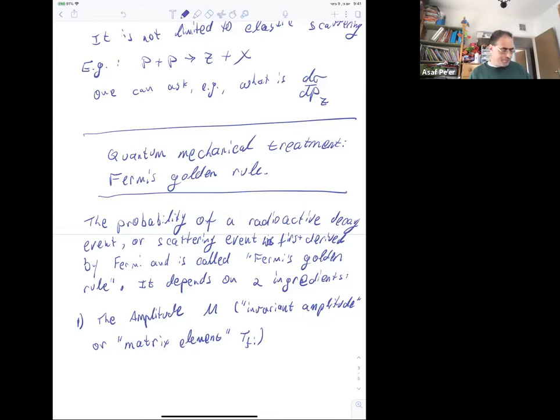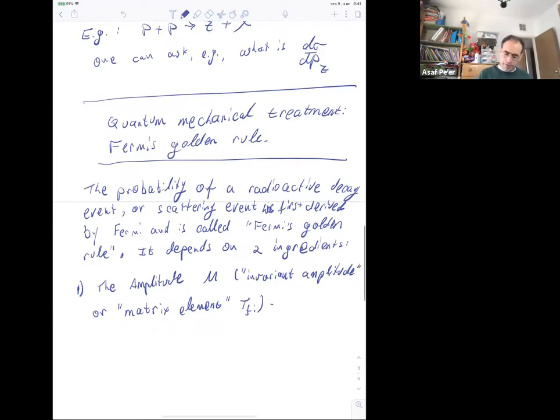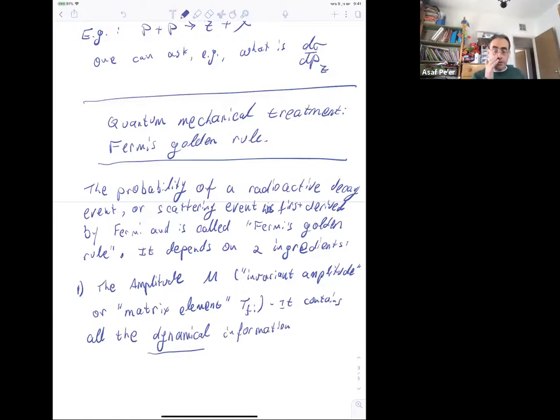So the amplitude M. The amplitude contains all the dynamical information, right? I'll show you how to calculate it using the relevant Feynman rules, which are derived from the relevant Feynman diagrams.